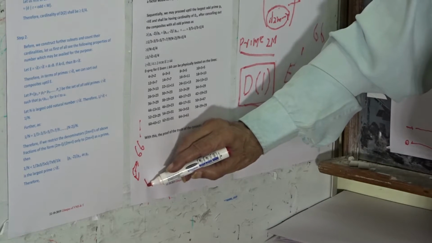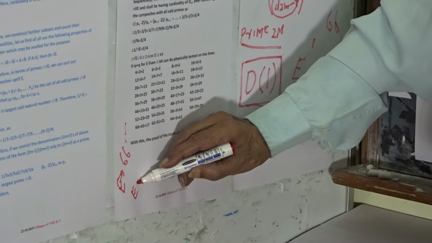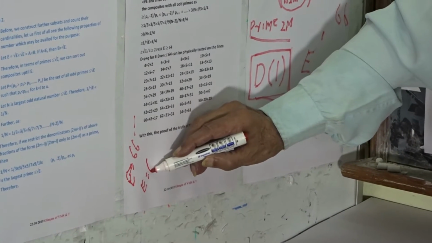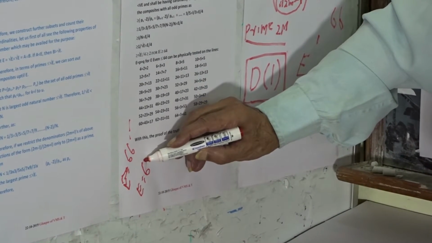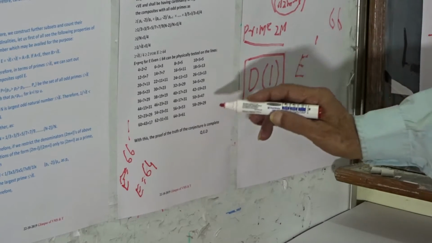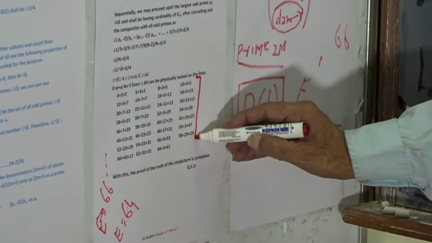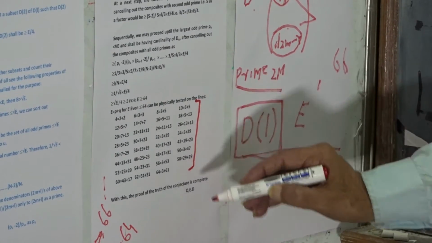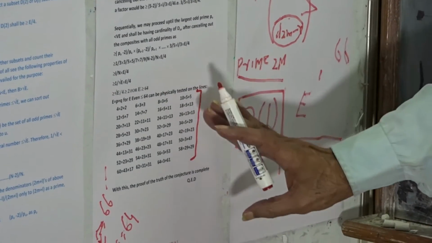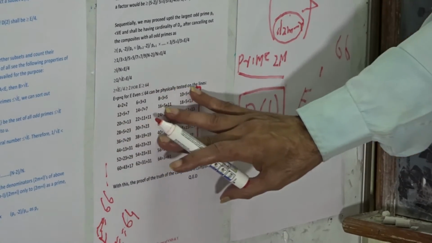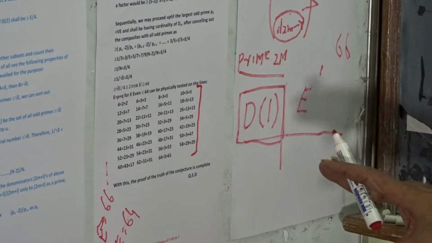We are leaving it as an elementary exercise of physical verification up till value 64, and this tabulation is given here and it can be reached.